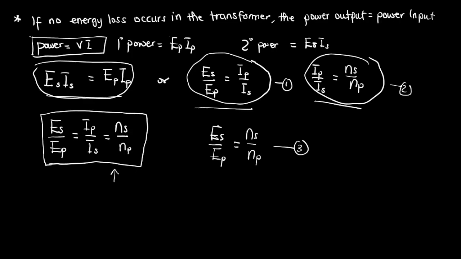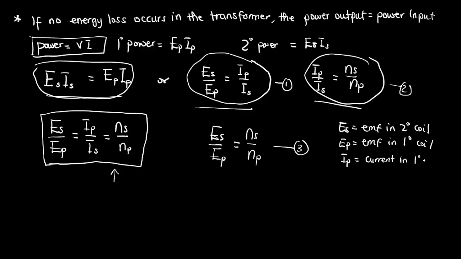Like I said, ES is the EMF in the secondary coil. EP obviously is the EMF in the primary coil. IP is the current in the primary coil.